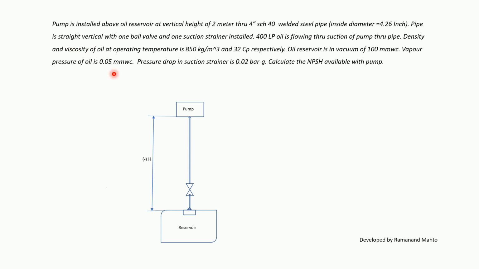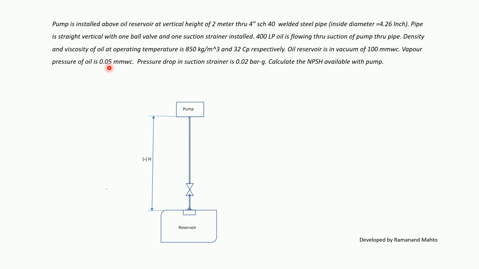Pipe is straight vertical, so length of the pipe and height is same, with one ball valve and one suction strainer installed. 400 LPM oil is flowing through suction of the pump through pipe. Density and viscosity of oil at operating temperature is 850 kg per meter cube and 32 cP respectively. Oil reservoir is in vacuum of 100 mmWC, millimeter of water column.